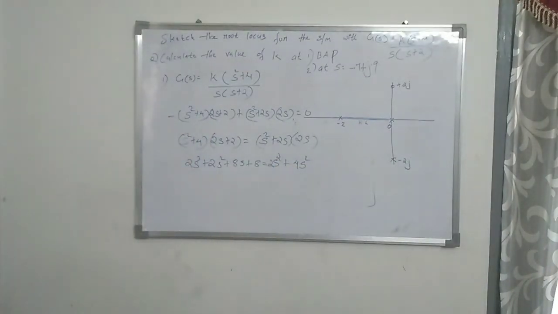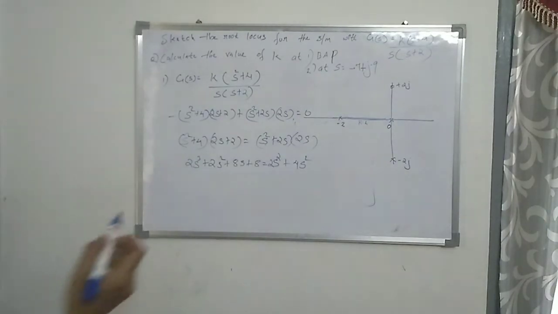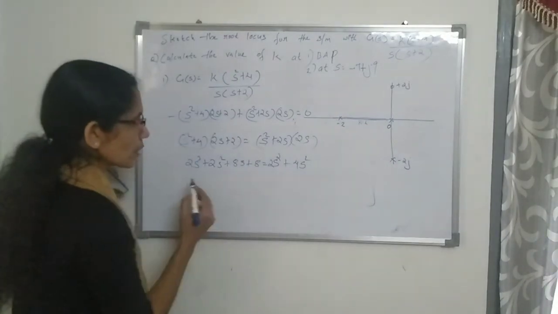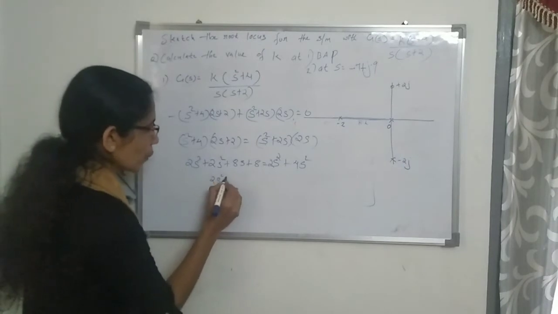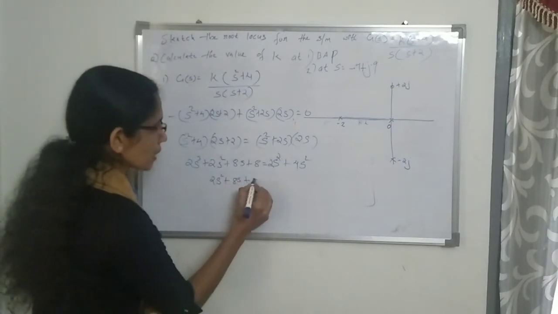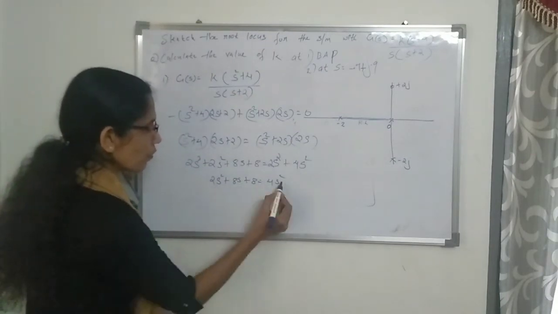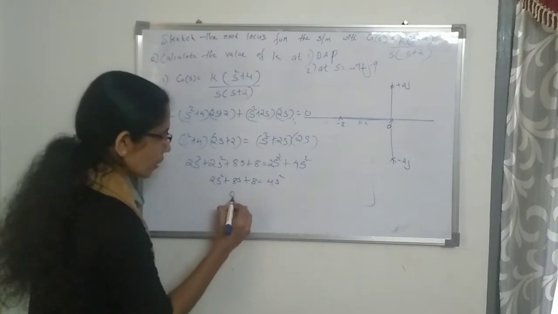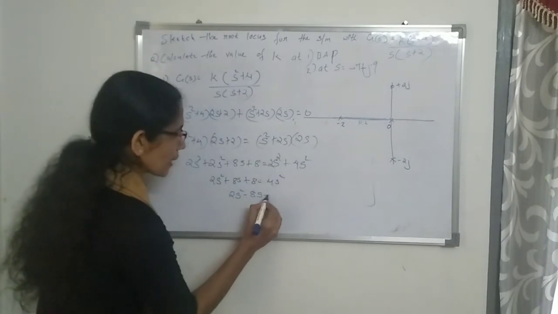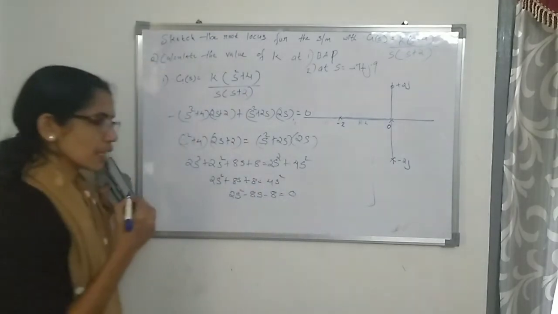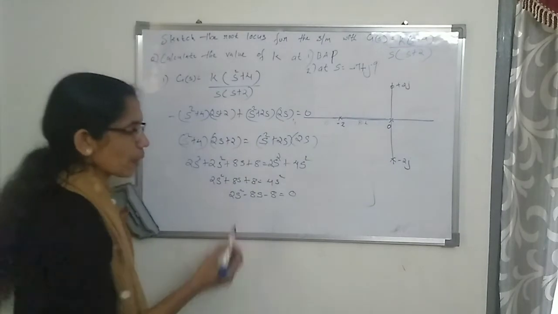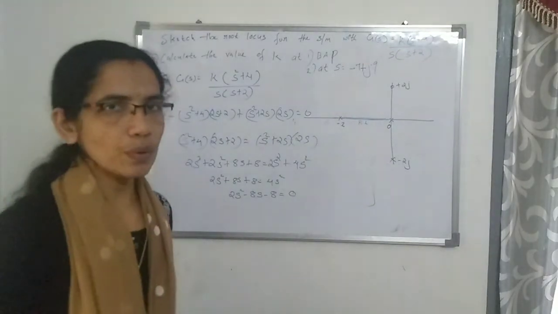By multiplying, the left side is 2s^3 + 2s^2 + 8s + 8, and the right side is 2s^3 + 4s^2. From it, it's clear that 2s^3 and 2s^3 get cancelled. It becomes 2s^2 + 8s + 8 = 4s^2. So the equation can be rearranged as 4s^2 - 2s^2, that is 2s^2 - 8s - 8 = 0.